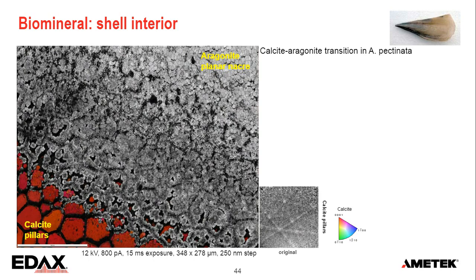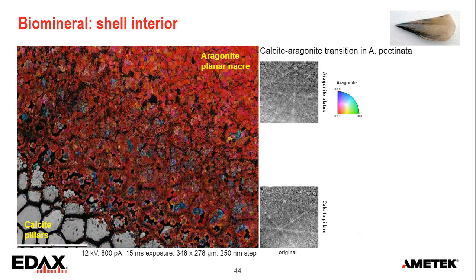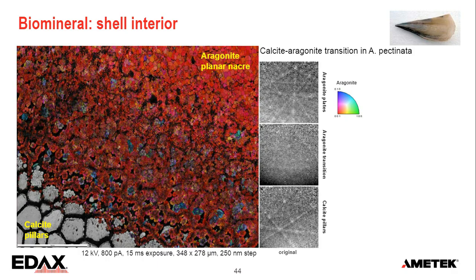So we can just see how the calcite is underneath those early aragonite crystals. Here on the top right, we get nice aragonite patterns. But in the middle, this is this transition zone. That's the quality of the patterns that we can get during original indexing.